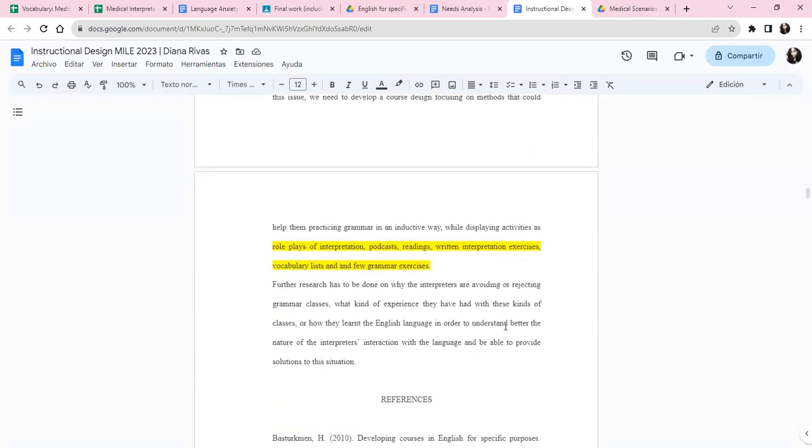And we also saw that they wanted to have a course in which the next activities were included: role plays of interpretation, podcasts, readings, written interpretation exercises, vocabulary lists, and few grammar exercises.